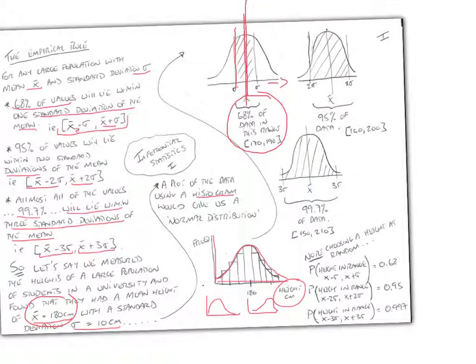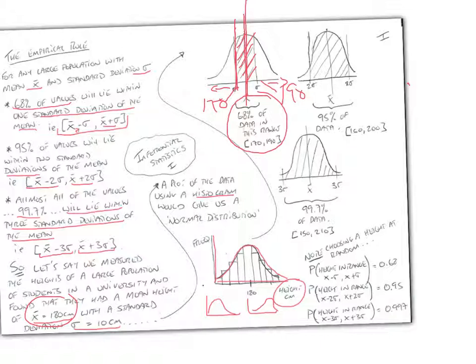These are the taller people going that way, and these are the smaller heights going that way. But 68% of all the recorded heights would be between 180 minus 10 centimetres, so it would be 170 there, up to 180 plus 10 centimetres, that would be up to 190 there. So 68% of all the data would be there.